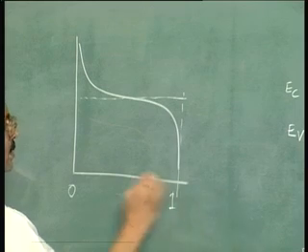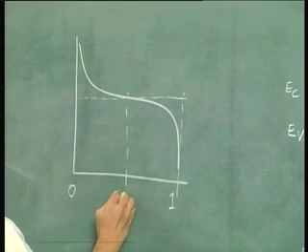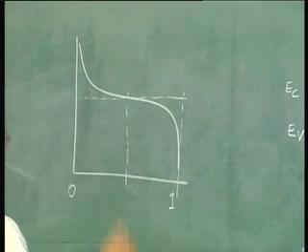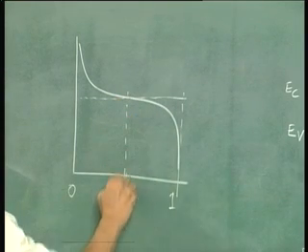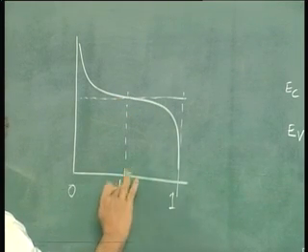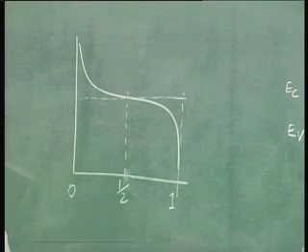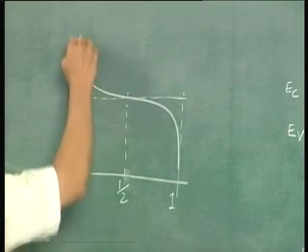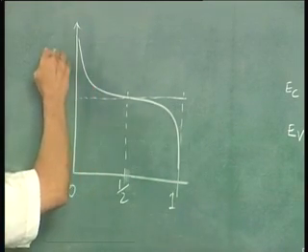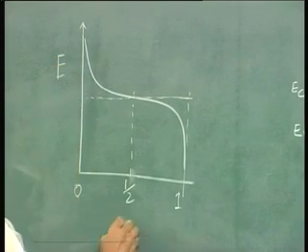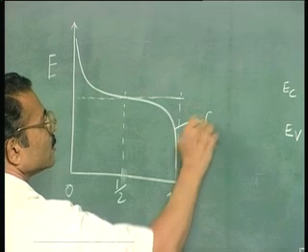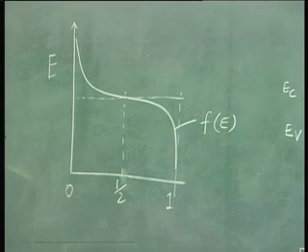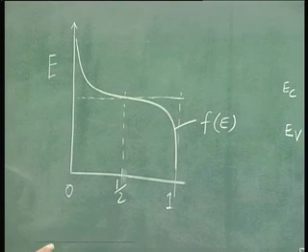Zero, 1, and this is half. Suppose this is Fe, this is E. If this is Fe, 1 minus Fe, how is it?